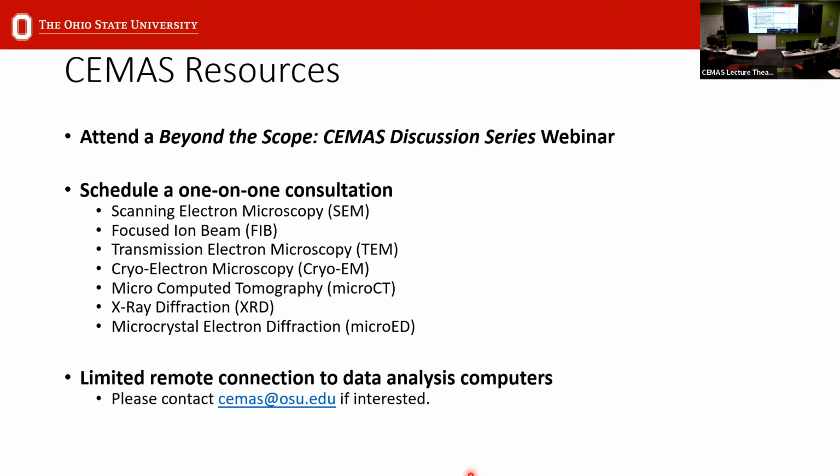You can also schedule a one-on-one consultation with any of the CMAS staff members, and I'll be happy to help get you started with different experiments. Here at CMAS, we also have some limited connection to our data analysis computers, so once you have your data, we can also help you process it. Contact cmas@osu.edu if you're interested in learning more about what we have.